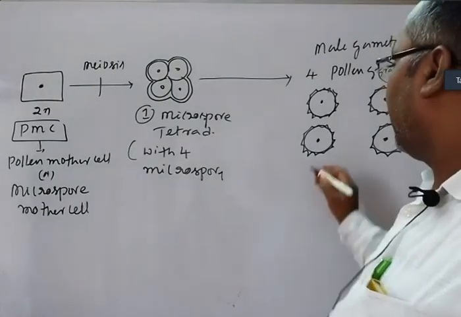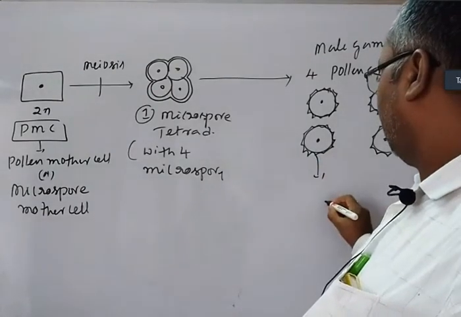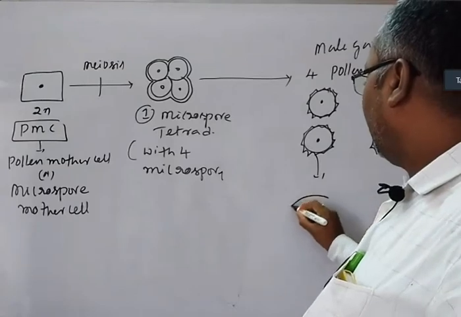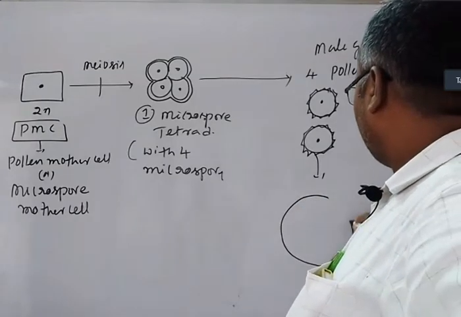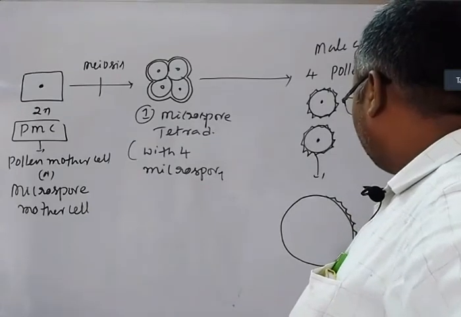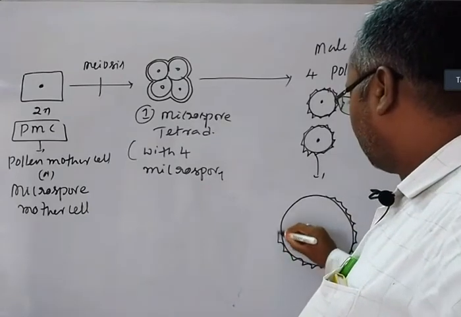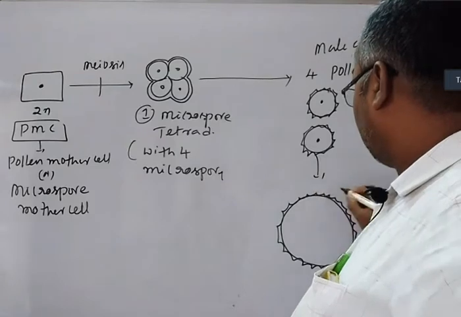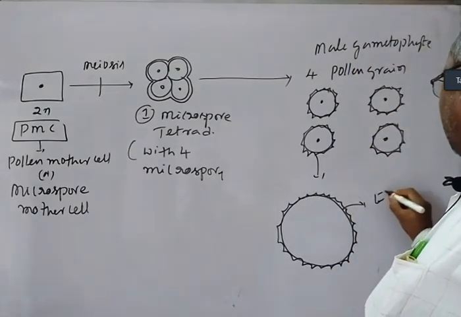Each pollen grain possesses a 2-layered wall, an outer exine. This is exine.